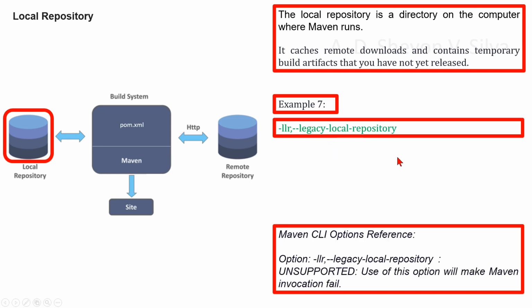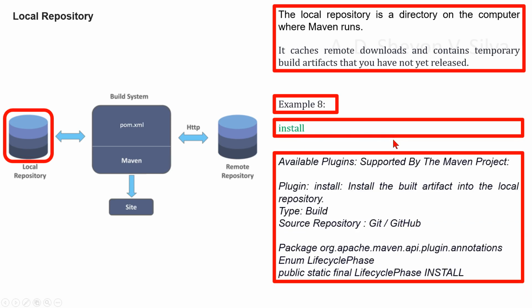Here we can consider some CLI, the Maven CLI options reference. Here the option -llr or --legacy-local-repository. This is unsupported and use of this option will make Maven invocation fail. And here we are considering the plugin, supported by the Maven project in available plugins. That plugin installs the build artifact into the local repository.